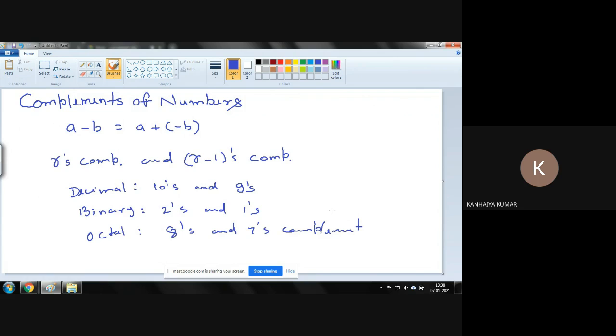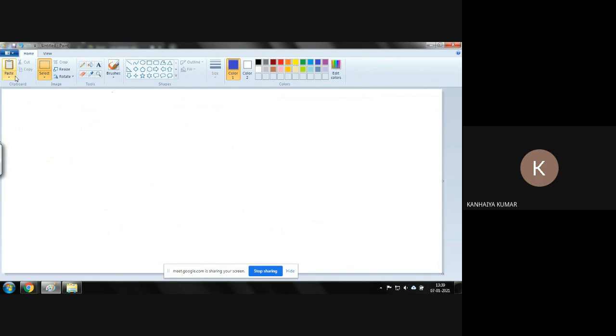Let me just clean the board first. So we have a number, let's say N. Please don't mind my handwriting over a digital board; handwriting gets distorted.